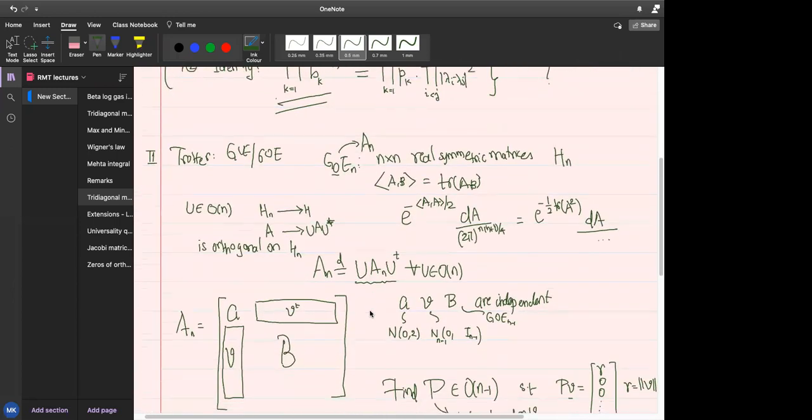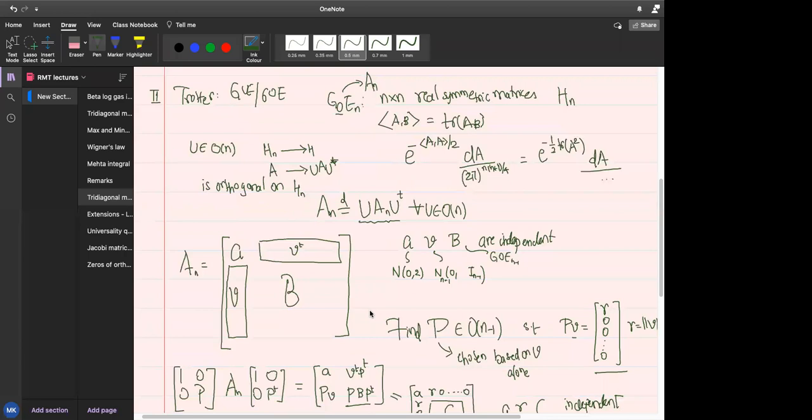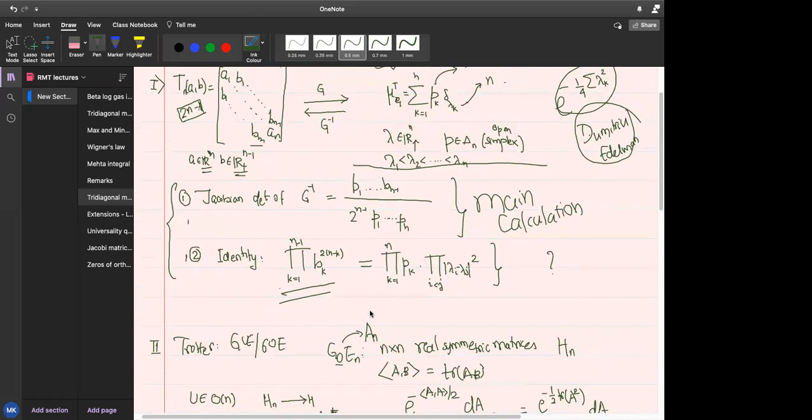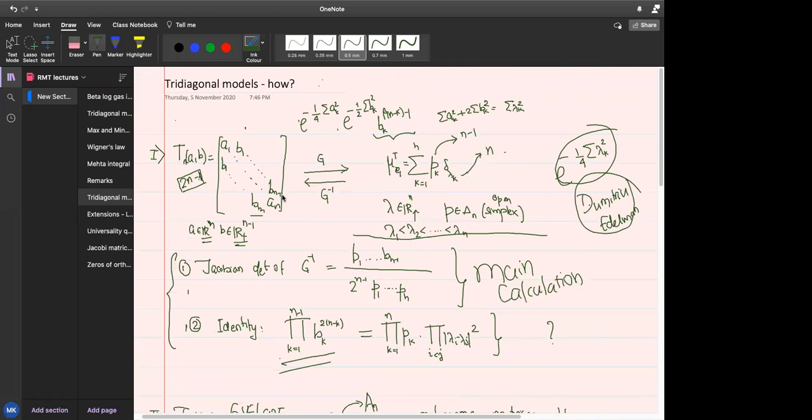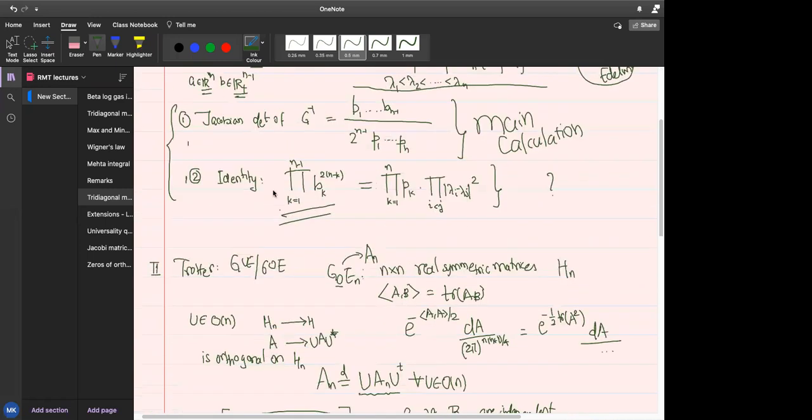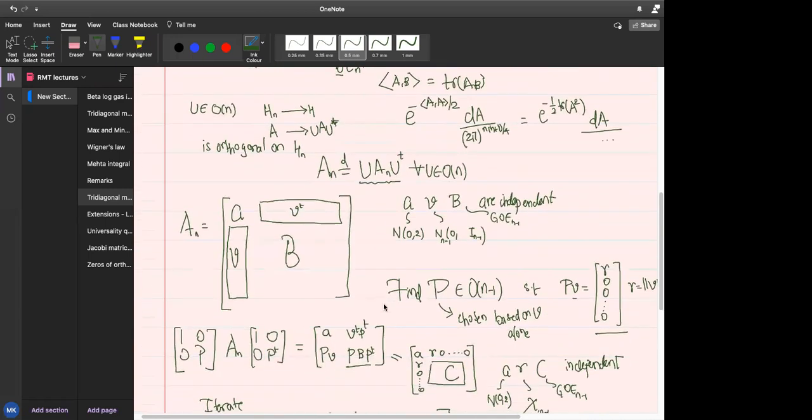So the fact that this was there, or it was in fact rediscovered probably a couple of times, then it becomes more natural to wonder whether we can generalize to other distributions at the level of tridiagonal matrices. But yes, this itself does not give the proof.